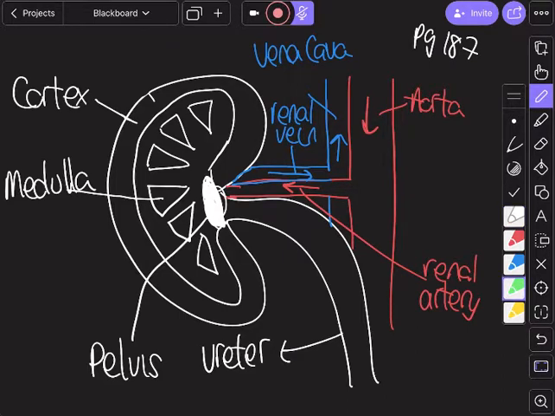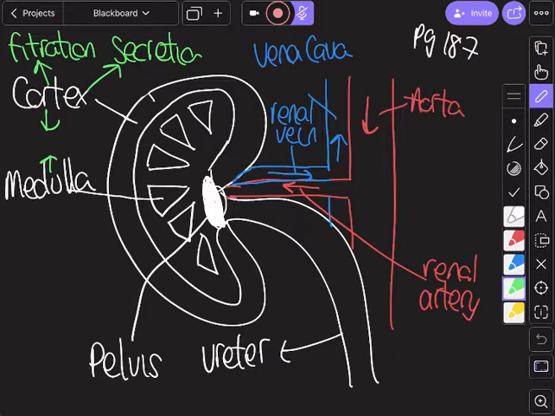And now in terms of our jobs, there are 3 jobs, and your cortex essentially does all of them. So it does filtration, it does a thing called secretion, and both your medulla and your cortex do what's called reabsorption.